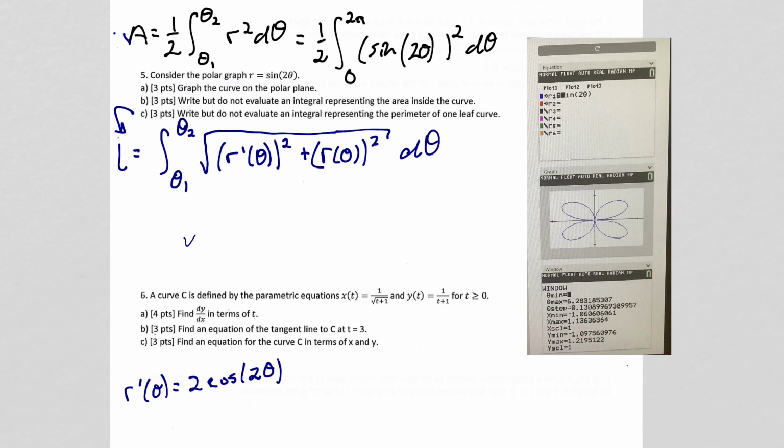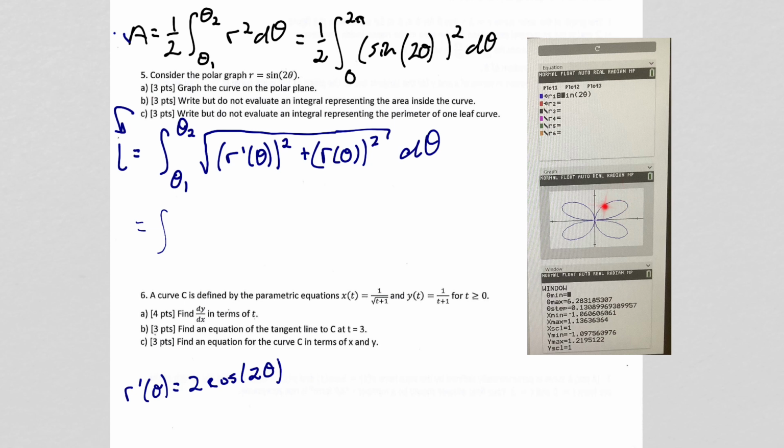Sorry, software's getting a little weird there. All right, so what were we doing? This is going to become this, and this is going to get replaced with this. So we'll do it all out. We get that this is equal to the integral. Let me talk about the bounds real quick before I plug those in. So 0 to 2 pi was the full thing. They're asking for one leaf of the curve.